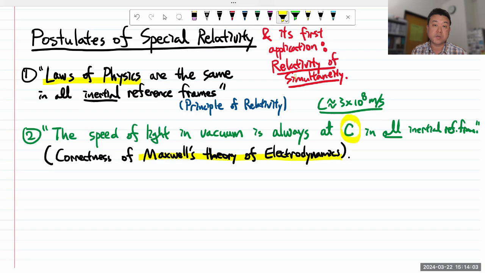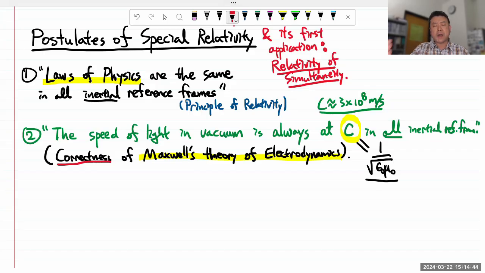From Maxwell's equations, you can derive a wave equation. And that wave equation says the electromagnetic wave has a speed c, or in terms of the constants in the electric and magnetic things in basic SI units, it goes as 1 over the square root of epsilon naught mu naught. I think that's right. So since this expression falls out of a law of physics, Maxwell's theory of electrodynamics, if Maxwell's theory is correct, then this must be correct: the speed of light in vacuum is always c.